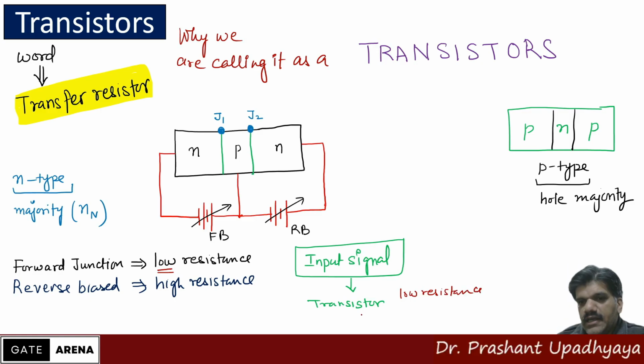And let's say I'm taking the output from here. This was my input and I'm taking the output from here. When we are talking about the output, it is with respect to the high resistance path. So we are getting this output from the high resistance.